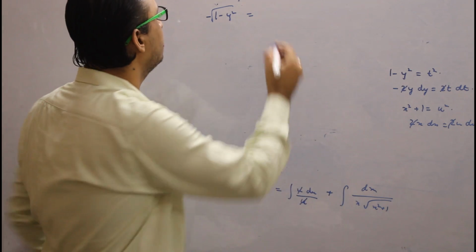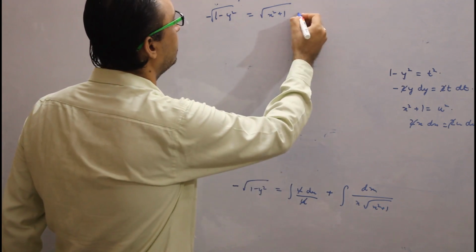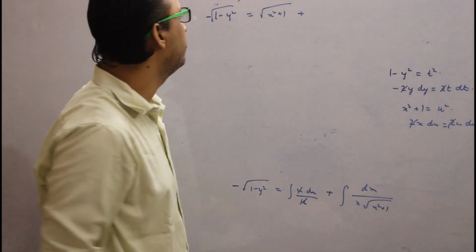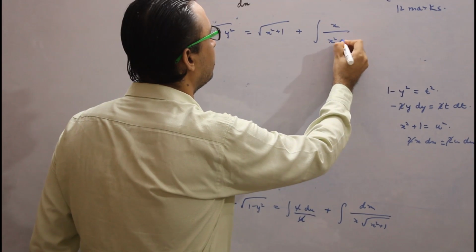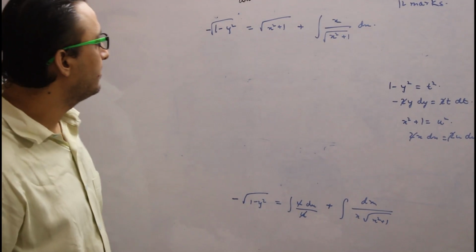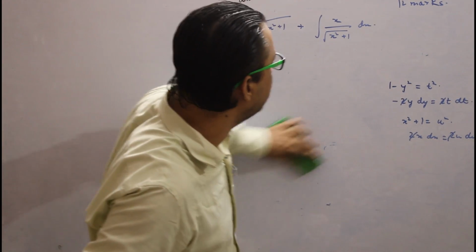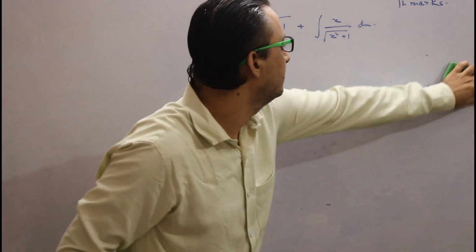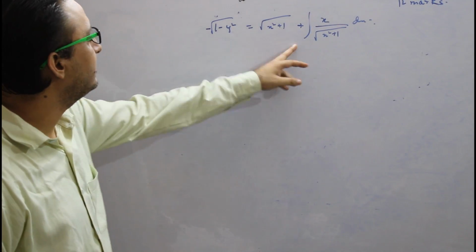What is u? You can write from here, under root x square plus 1 plus this integral. Now our work is to find this integral in isolation, and then we are done with this question. So we have to find this integral.